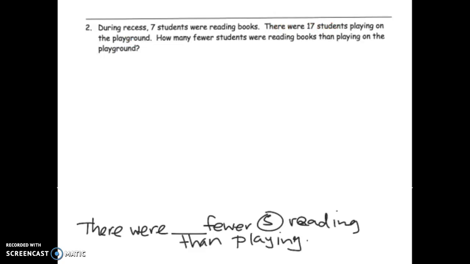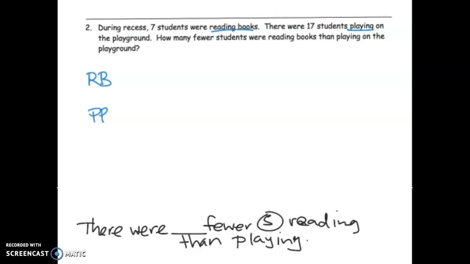So my characters, so to speak, are reading books and playing on the playground. We could do PP for playing on the playground.